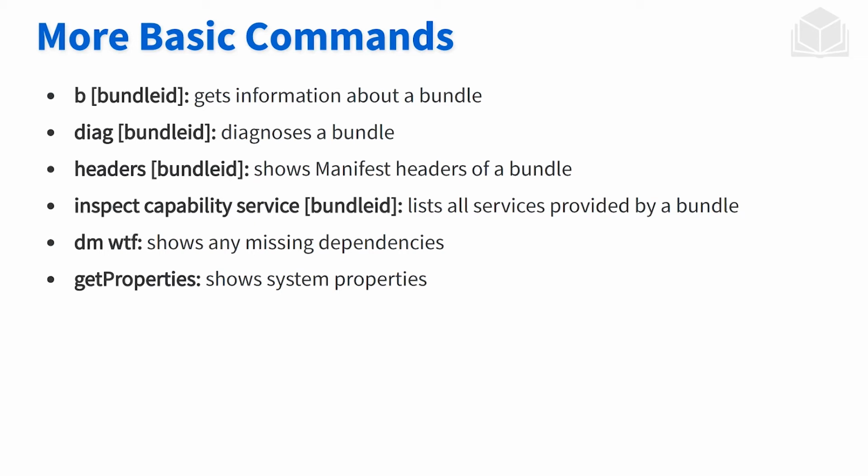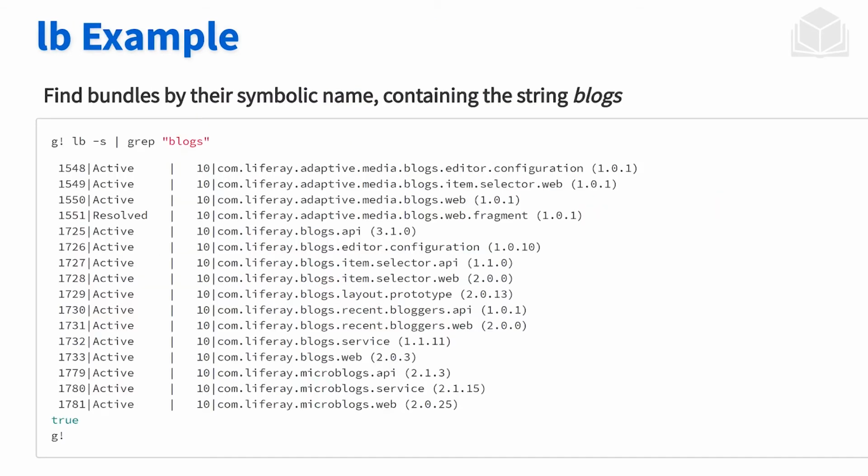Otherwise, if you just type in the command, it'll show you all of the issues. One of my personal favorites, dmwtf, it lets you know what dependencies are missing. So dependency management, where's the failure? That one's just kind of fun. But the most common ones we use in the debugging world is going to be the letter b followed by diag. Headers is also very, very useful as well.